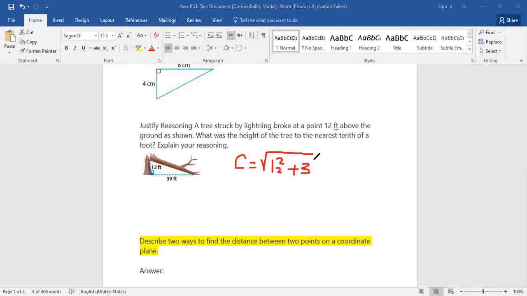Could you please tell me the length of the broken part? This is the broken part. It will be how many? It will be 40.8, right?